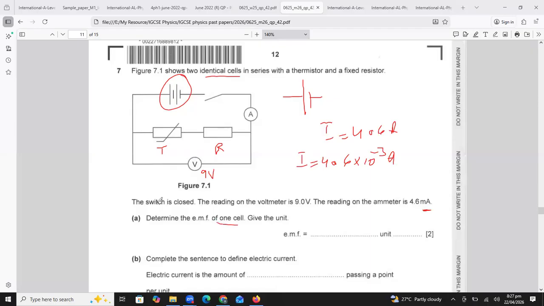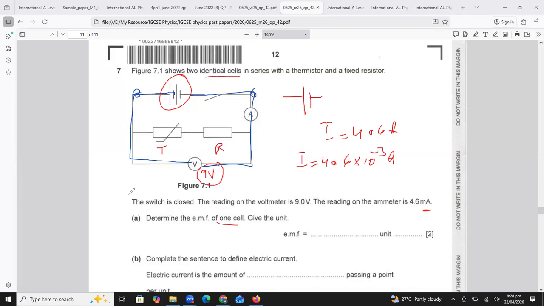It's an interesting question, beta. We have to determine the EMF of one cell and we have to write the unit of cell EMF as well. Basically, the voltmeter is recording 9 volt. And if you observe closely, the voltmeter is directly connected with the battery in parallel. It means that it is recording the total voltage of the battery. I am using the word battery here because when two cells are connected in series, they form a battery.